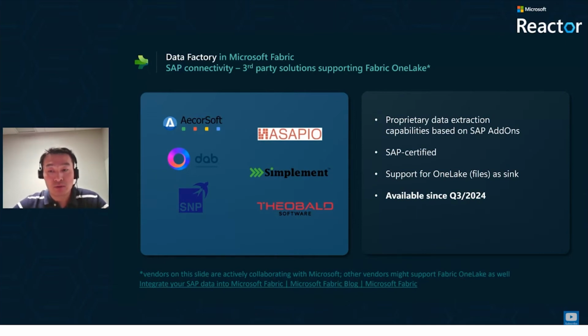Our goal was to collaborate with those partners to expand integration scenarios with Fabric and make it easier for their existing customers to connect to Fabric, without requiring migration to new data integration tools, or extracting data directly from the SAP source by an add-on that must be installed on the SAP application server.